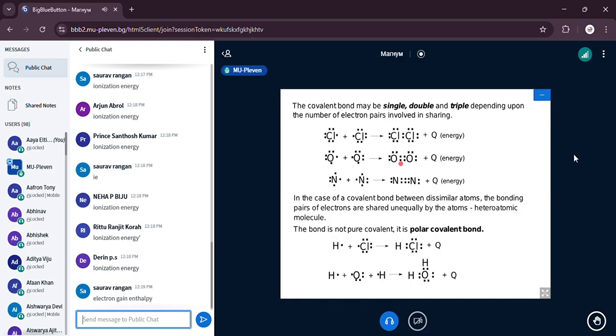And in that case, we say this is a double bond. In the third example, two nitrogen atoms, each having three single electrons, are combined to obtain a nitrogen molecule in which three electron pairs are shared. And this is a triple bond.